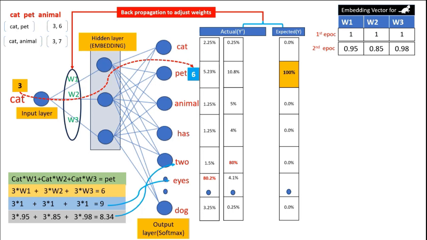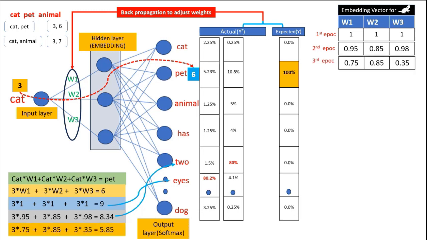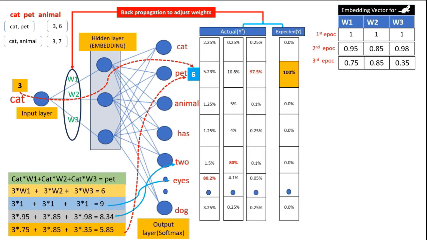Therefore, through back propagation, these weights are adjusted for the third epoch. This time, model is producing 5.85, which is very close to our expected token value 6 for word pet. And it is producing 97.5% of the probability, which is a very good probability to consider.